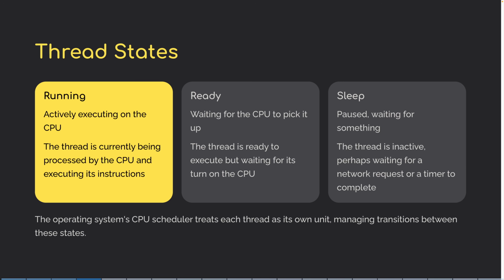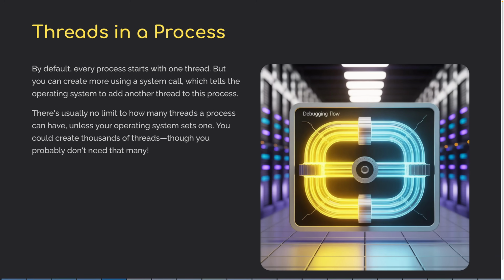Sleep means it is paused, inactive, perhaps waiting for a network request or a timer to complete. The operating system's CPU scheduler treats each thread as its own unit, managing transitions between these states. The CPU scheduler, or dispatcher, transitions threads between the states.